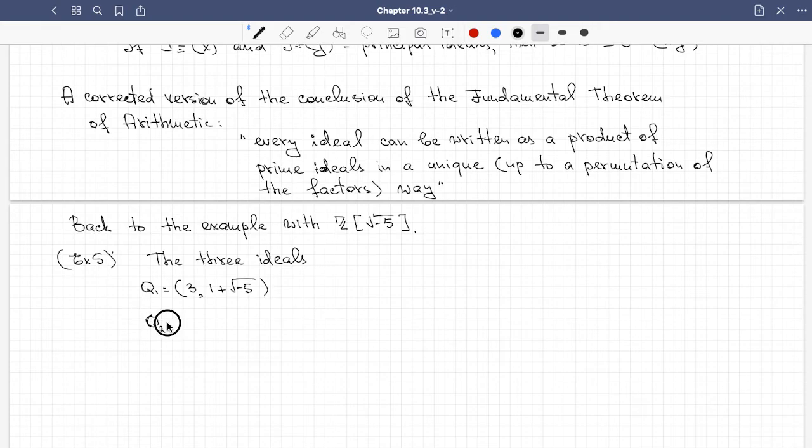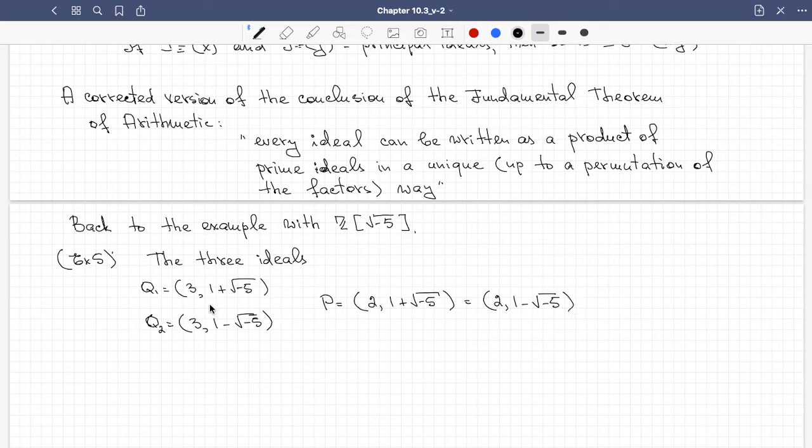Q2 is 3 and 1 minus root of negative 5. And P is 2 and 1 plus root of negative 5. And this is the same ideal as 2 and 1 minus root of negative 5.